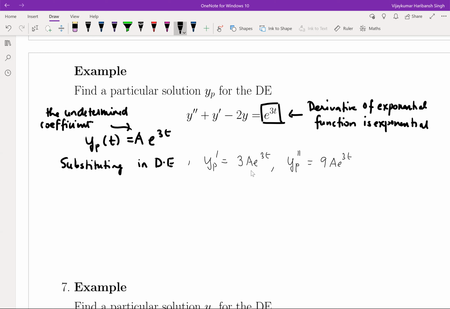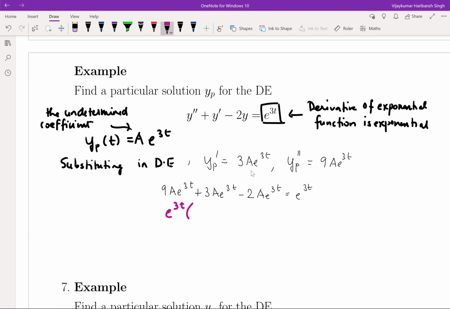So let's plug this in. We get 9a e to the power 3t plus 3a e to the power 3t minus 2a e to the power 3t equals e to the power 3t. Now the coefficients must be the same. So let's simplify and see what we get out of this. Take e to the power 3t common.